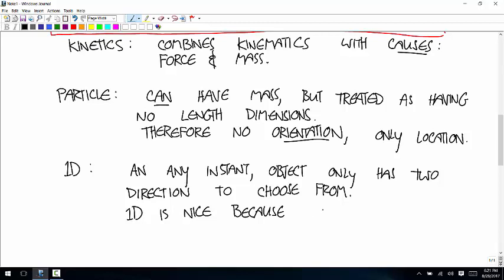There's a positive and a negative. So let's say its two directions can be represented by positive and negative.